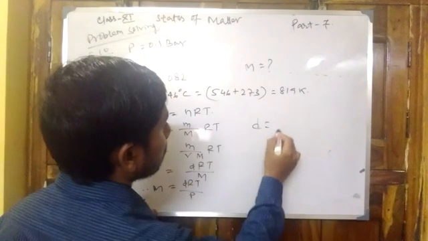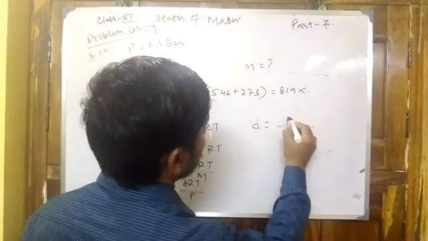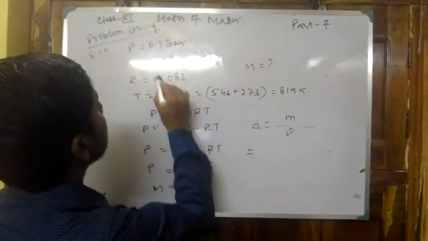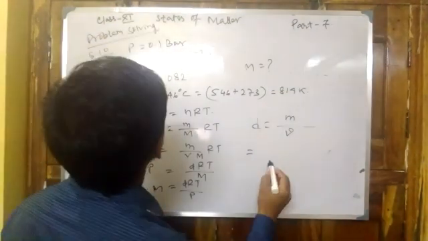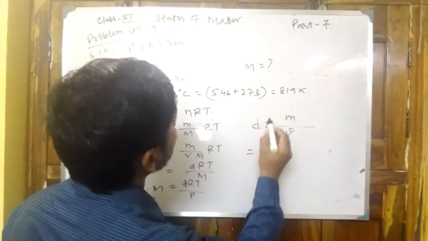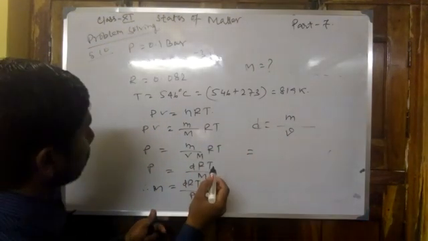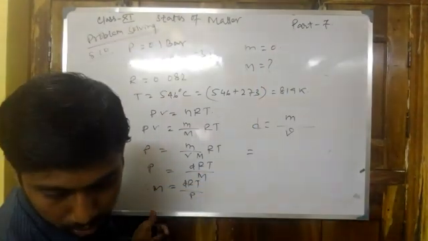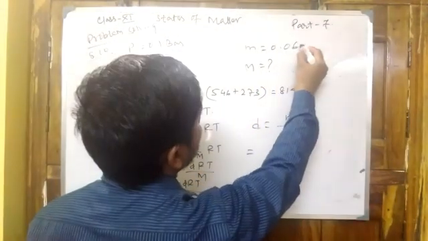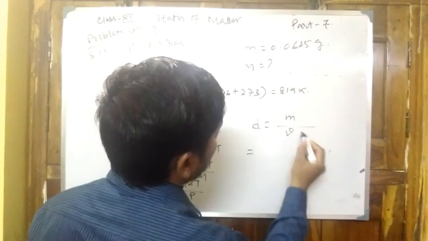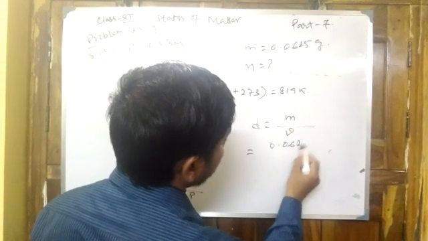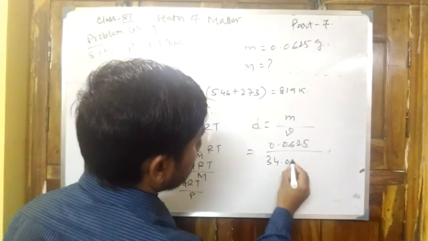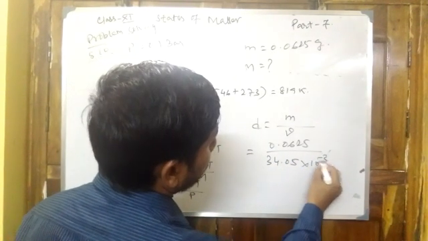So d is equal to small m by V. Now V is given as 34.05. Small m is also given, small m is equal to 0.0625 gram. So d is equal to 0.0625 divided by 34.05 into 10 to the power minus 3.